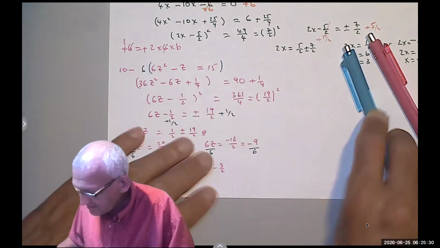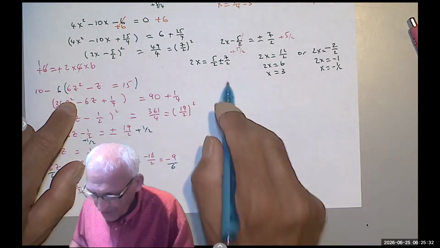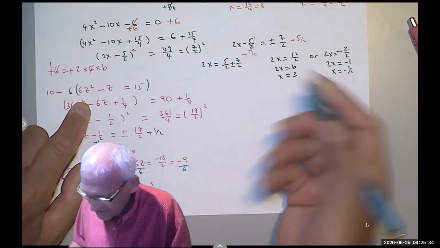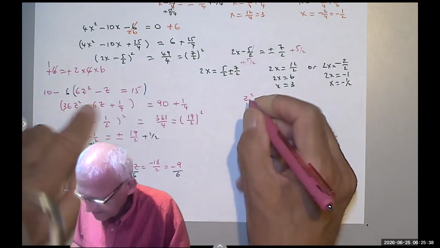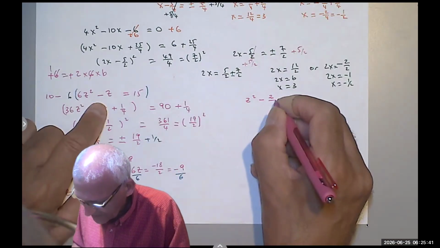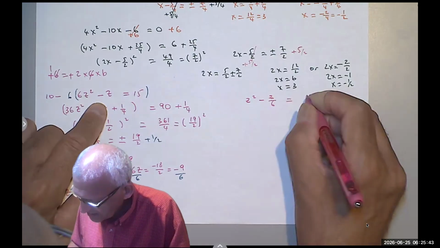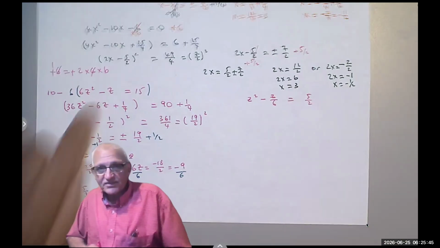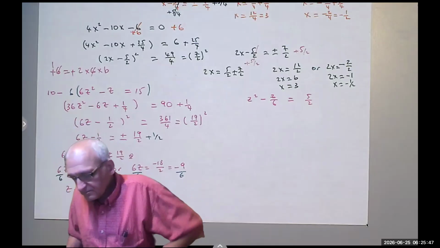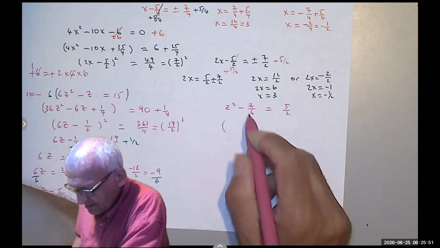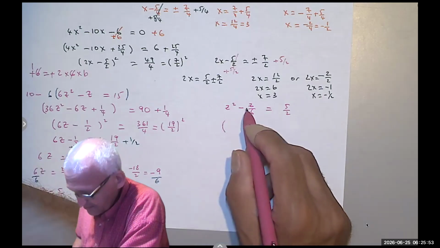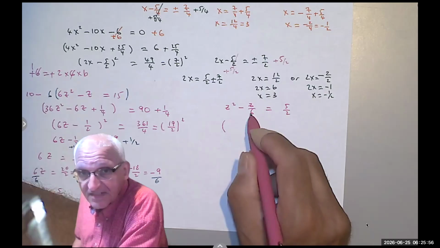The second method tells you, no, divide the equation by 6, which is the same thing, but I will get z squared minus z over 6 equals 5/2, which is 15 over 6. Then I'm going to use the same method we did before. This is twice a, so I divide the coefficient, which is negative 1/6, by 2.